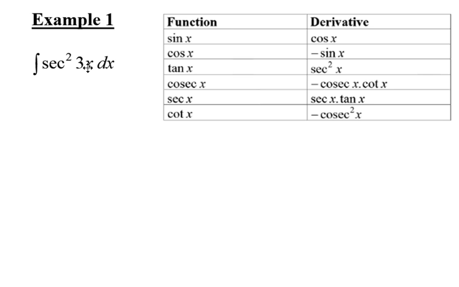Then I need to take into consideration cancelling out the derivative of 3x, so I need to multiply by 1 over 3. So let's do that. I've got 1 over 3, and the integral of sec squared of an angle is tan of an angle, plus my constant of integration. Don't forget that that angle has to match. If there's a 3x here, there's got to be a 3x over here.